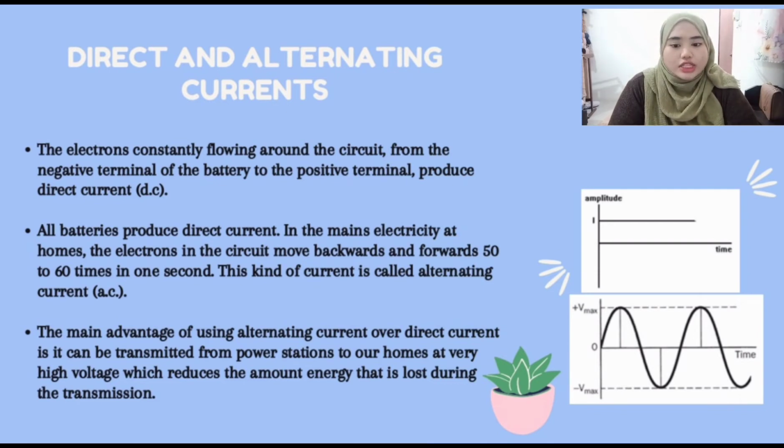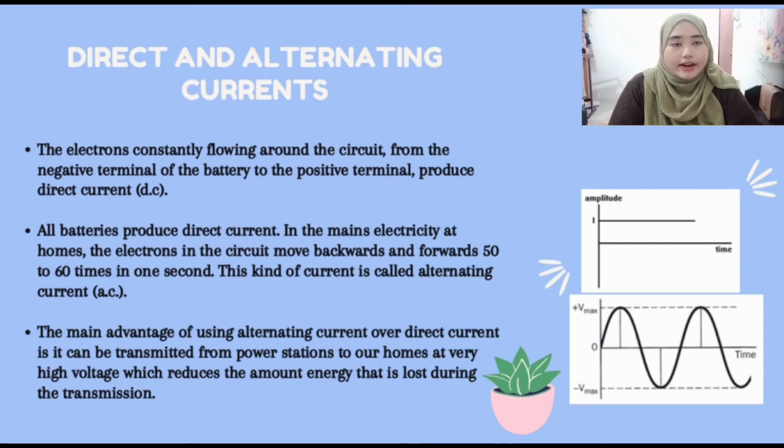The electrons constantly flowing around the circuit from the negative terminal of the battery to the positive terminal produce a direct current. All batteries produce direct current. In the mains electricity at homes, the electrons in the circuit move backwards and forwards 50 or 60 times in 1 second.